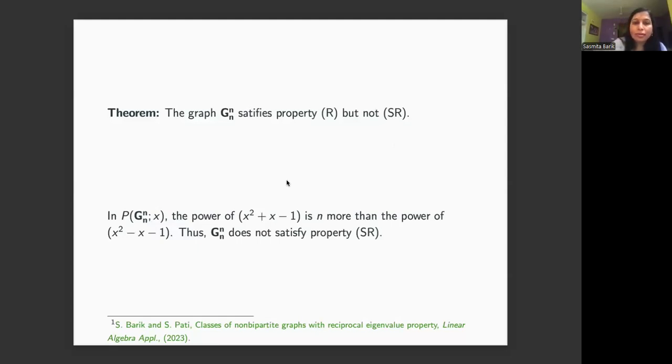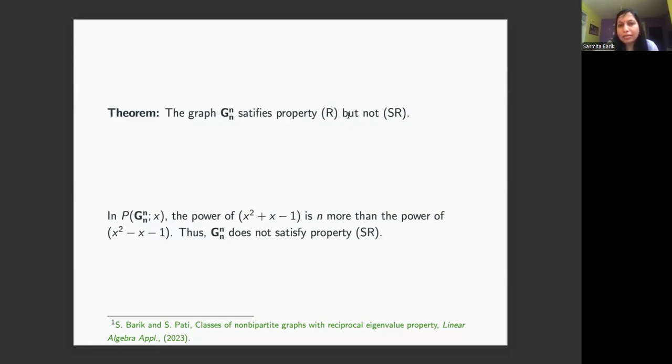So again, characterizing all graphs which satisfy property R but not SR is a problem. Obviously, so far, whatever we have done in the bipartite class, we are not getting such an example. So we suspect that in the bipartite class, both properties will be equivalent, so property R will imply property SR, but it has not been proved yet.